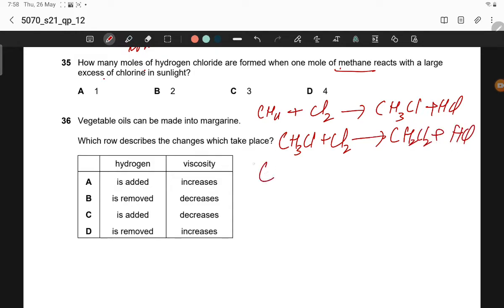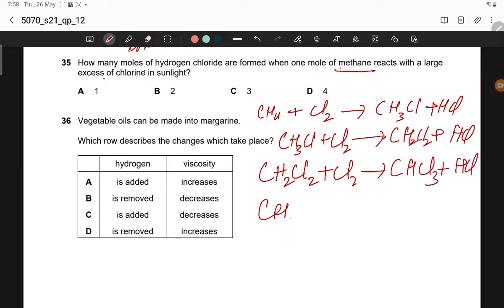So this reaction is continuous until all hydrogens are replaced by chlorine atoms. CH2Cl2 plus Cl2 to form CHCl3 plus HCl, and CHCl3 plus Cl2 to form CCl4 plus HCl.